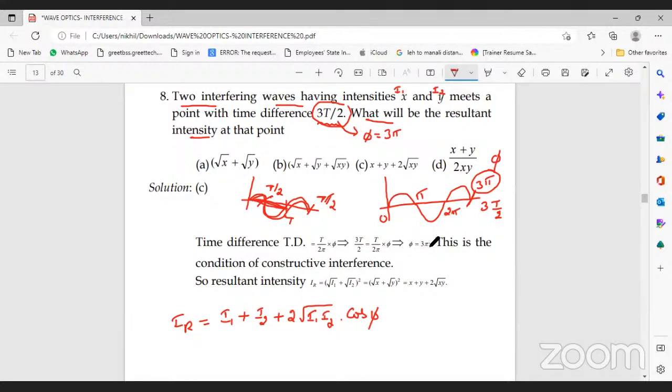Now, if the phase angle is 3 pi, is it a constructive or a destructive interference?